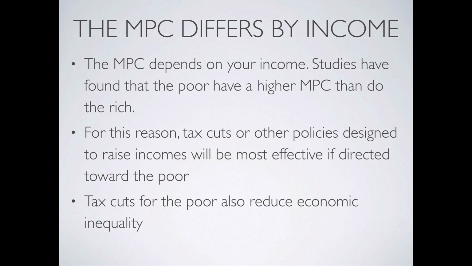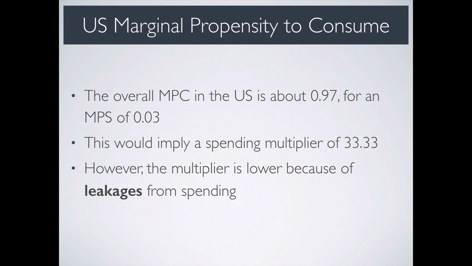First, it's going to be more effective. Second, it's also going to reduce economic inequality, the gap between rich and poor. If we raise the fortunes of the poor, that's going to make a more equal society.